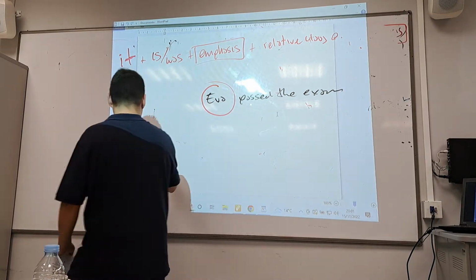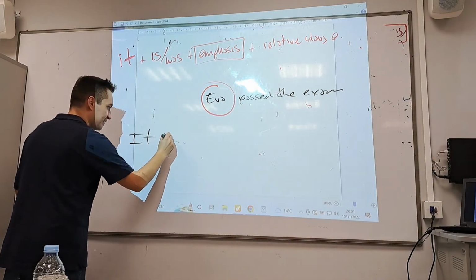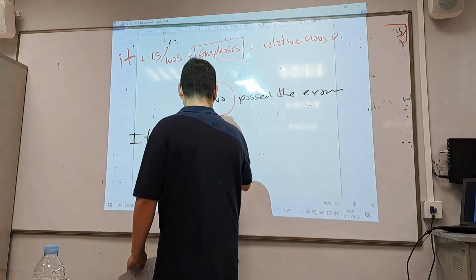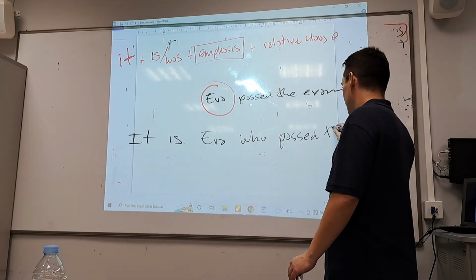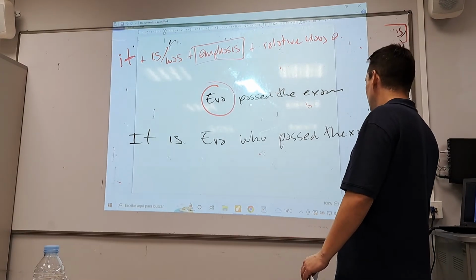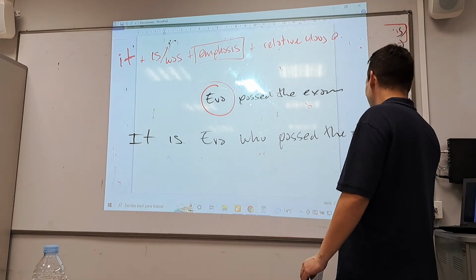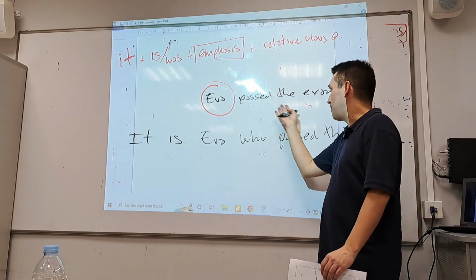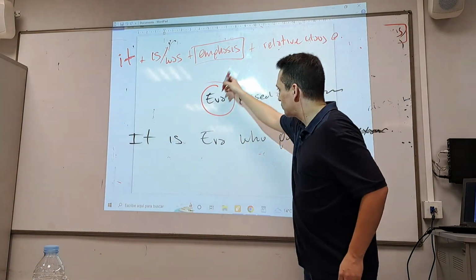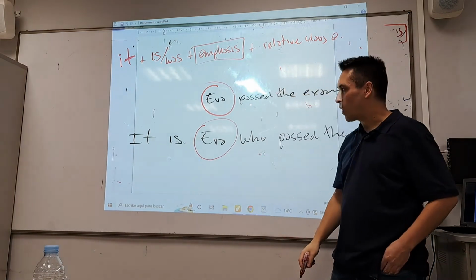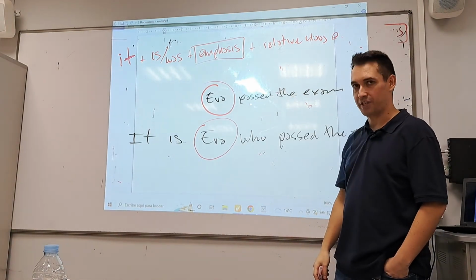So give it to me again, Maria. It is or it's Eva who passed the exam. Very good. Who passed the exam? Eva. Well, Eva passed the exam. But if you want to give a lot of emphasis to Eva, what can you say? Well, it is Eva who passed the exam.